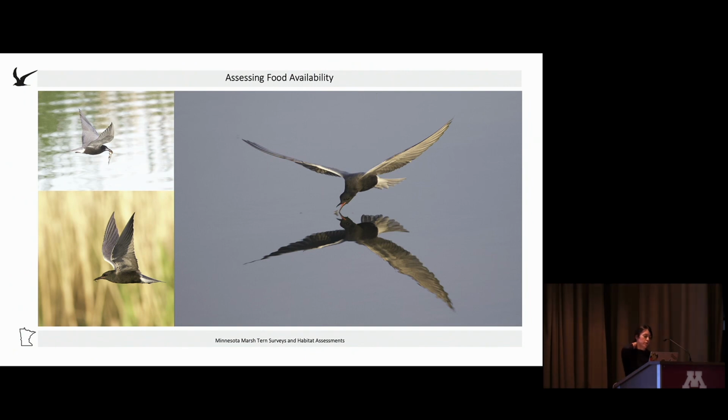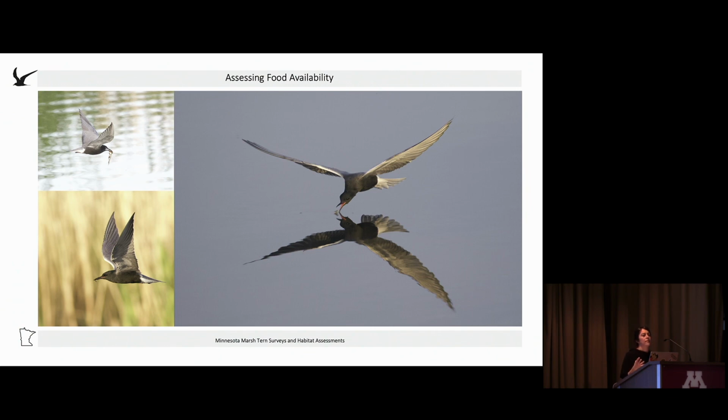So, assessing food availability, of course, is a big job to try to do when we know we can really only get an index of what's happening at these sites at best. Based on their foraging range, recently they've been doing some transmitter work on black terns and have found out that they forage incredibly large distances, much larger than had been thought.